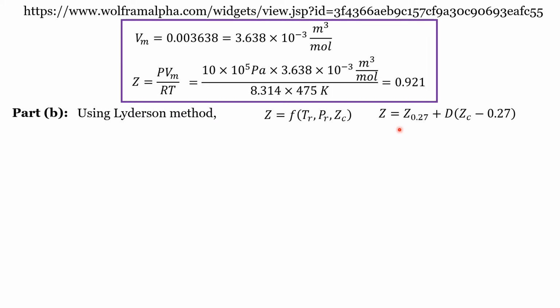First we need to read the value of the compressibility factor, Z⁰·²⁷, from a chart drawn at 0.27. Then we need to find the deviation factor D. Zc is given in the problem, so we only need to estimate Z⁰·²⁷ and D. For that, the reduced parameters are needed.